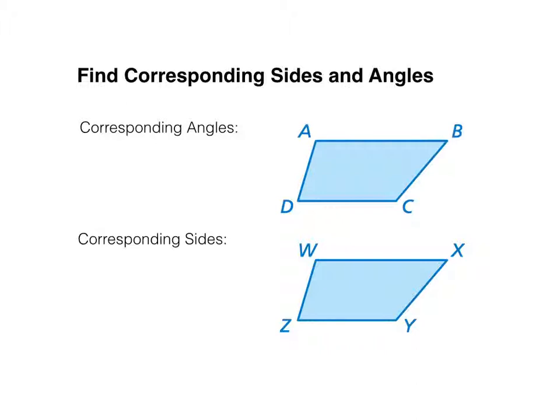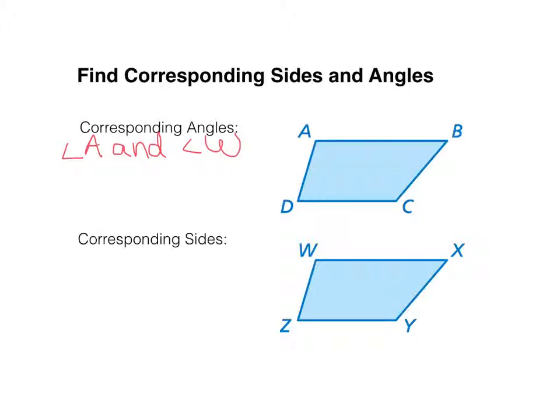So now that we know that corresponding angles are matching angles, let's look for the corresponding angles in these figures. So in figure ABCD and WXYZ, I know that angle A and angle W are corresponding angles.